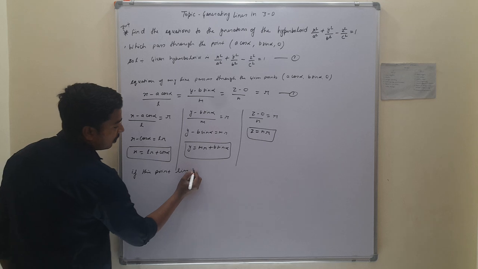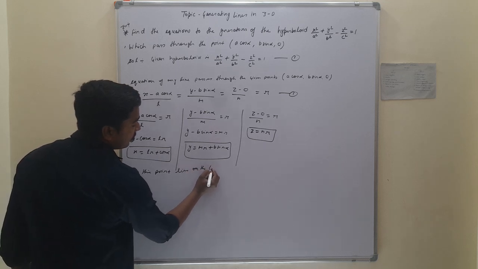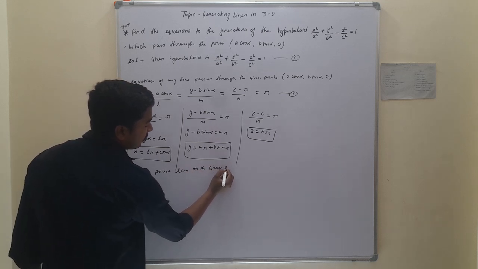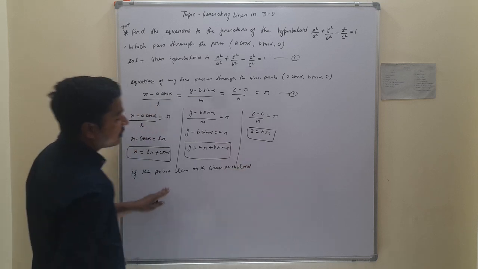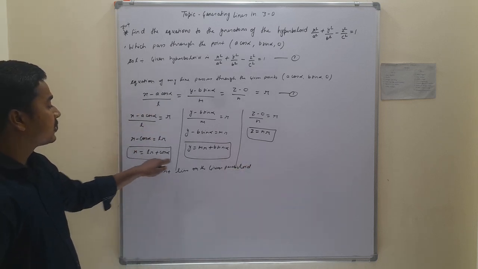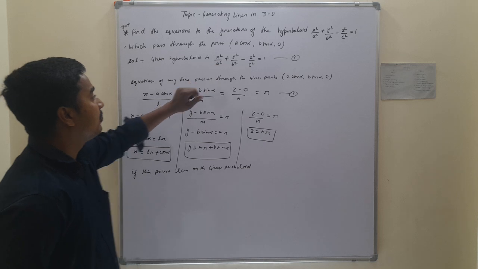if this point lies on the given hyperboloid, then we have to put the values of x, y and z in the given hyperboloid.